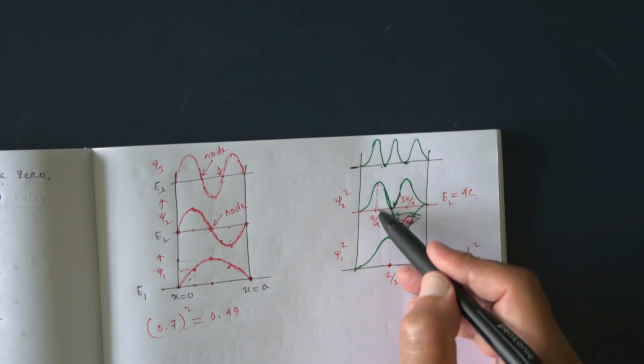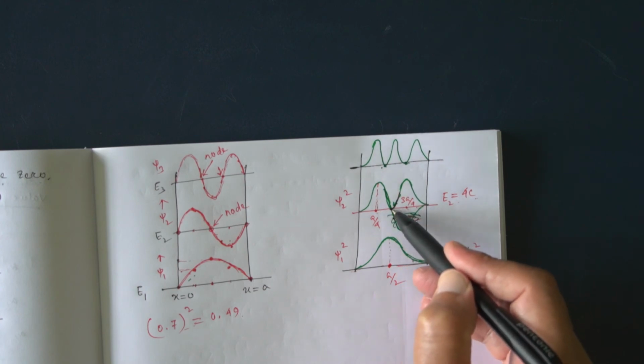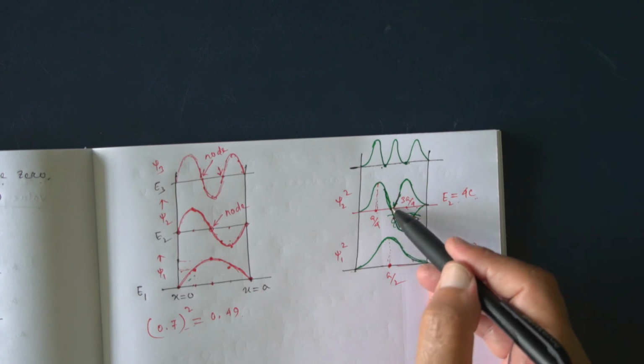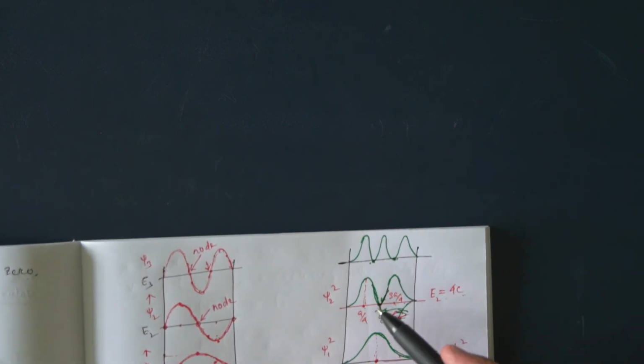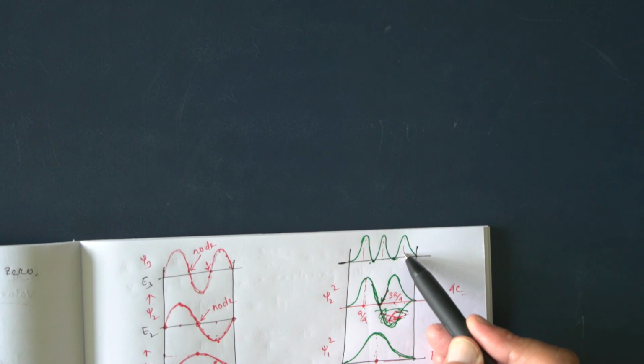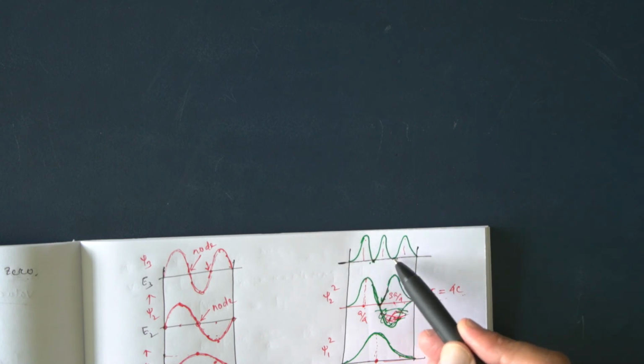At the midpoint, a by 2, the probability of finding the particle is 0. Again here the maximum probability is here, here and here, but at these two points, the probability of finding the particle is 0.